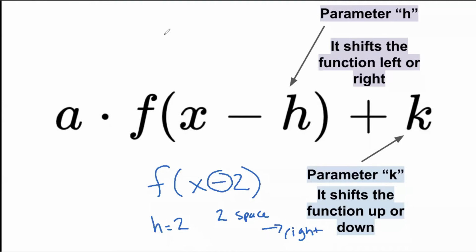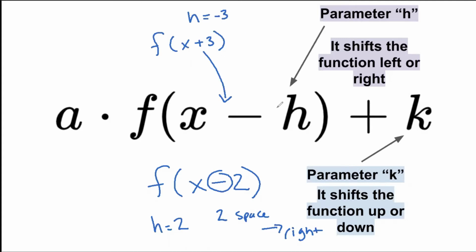Now, in another case, let's say f(x + 3) is given. Notice that this value is positive. It's the opposite of the negative that's originally given. In this case, our h will equal negative 3.